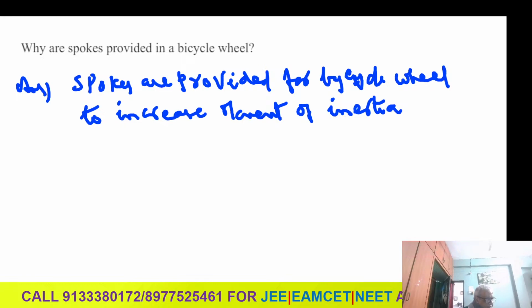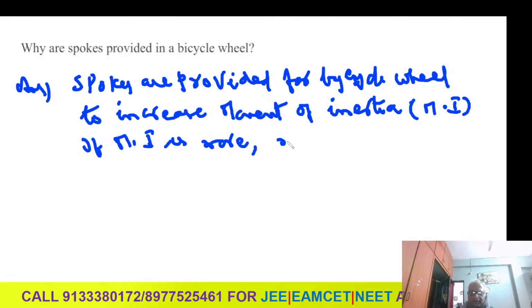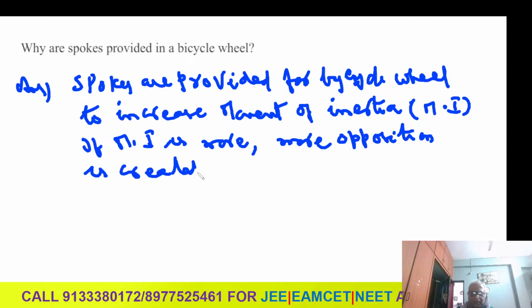To increase moment of inertia, greater moment of inertia means greater opposition to the rotational motion. Moment of inertia is given by the letter I. If moment of inertia is more, more opposition is created for rotational motion.